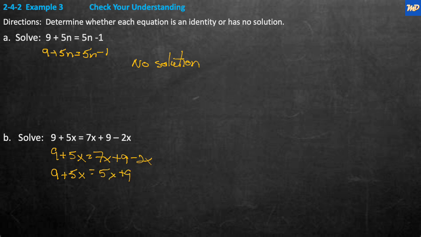Oh, so now I have 9 plus 5x. Is that equal to 5x plus 9 or 9 plus 5x? And the answer is yes. So that is an identity. No matter what value you put in for x, they'll always be the same.